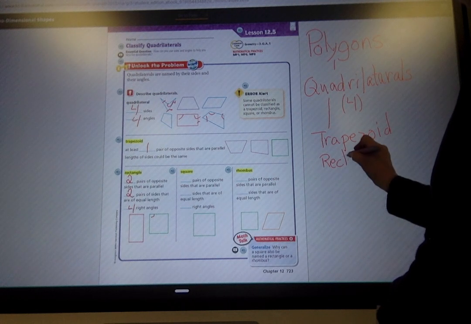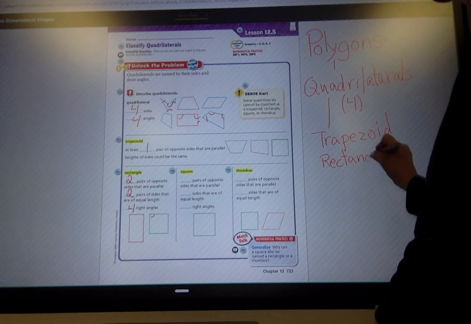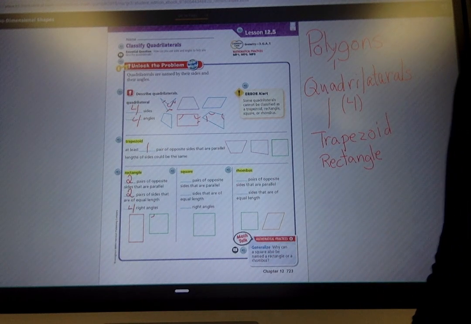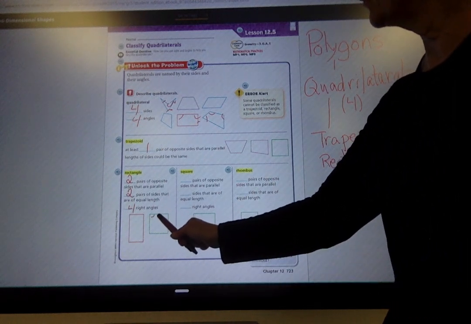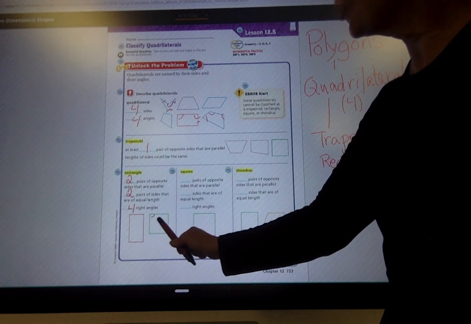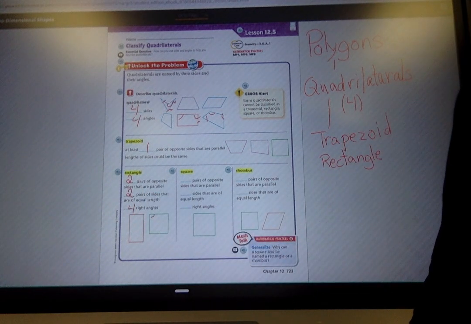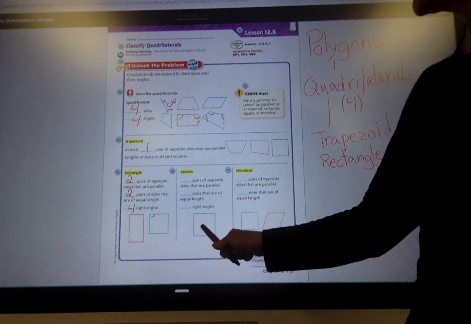And if it's a rectangle, it has to have 4 right angles. So this square is considered a rectangle. But a rectangle is not a square.